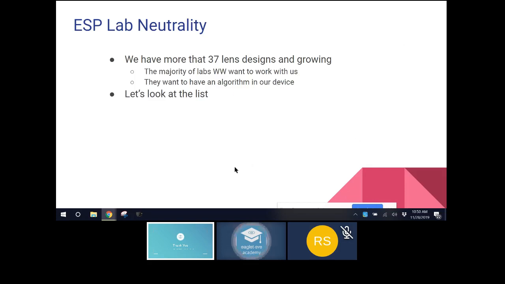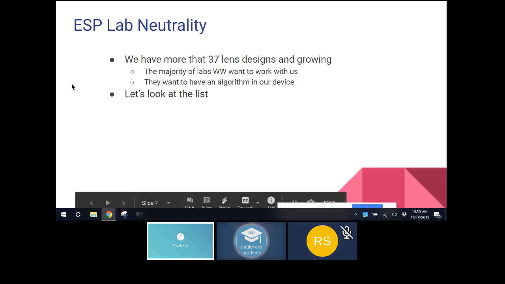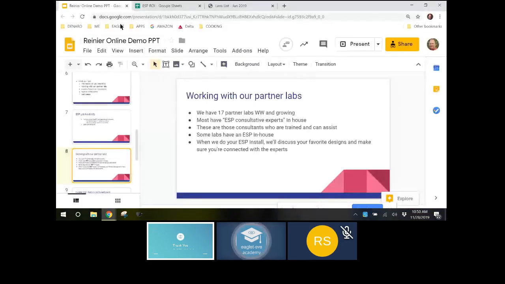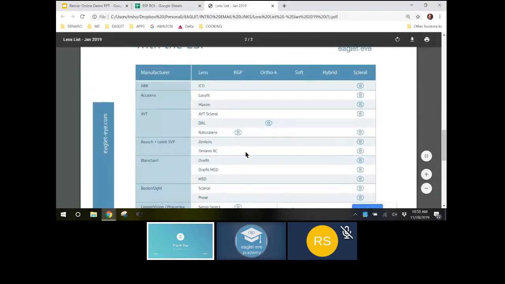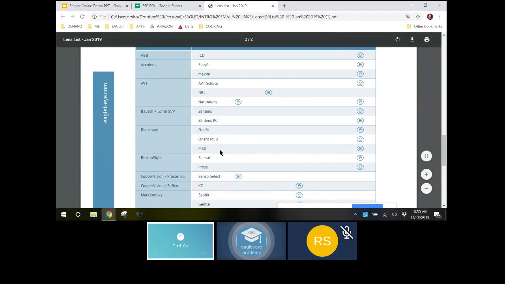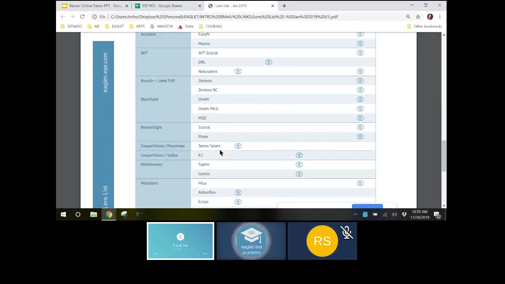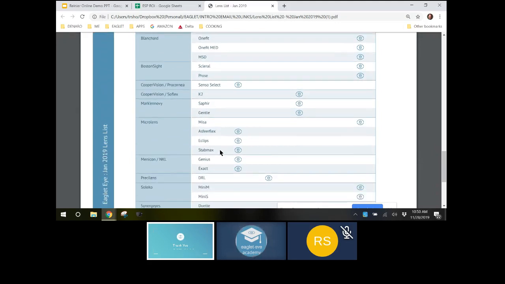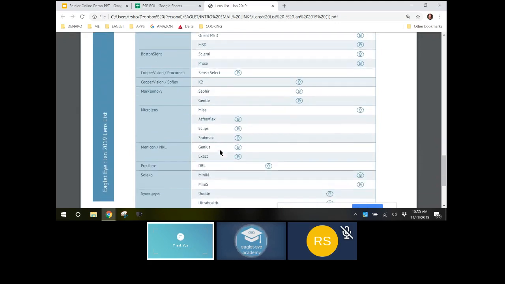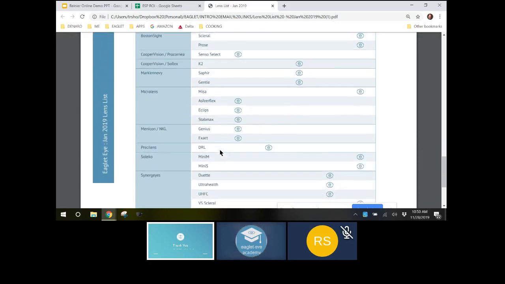So let's take a quick look at the list, and I'll just buzz you through this real quick. Hopefully you can see this well enough. Let me expand a little bit. I'm not going to read them all off, but I'll slowly scan through the list of current algorithms, and the list is always growing.